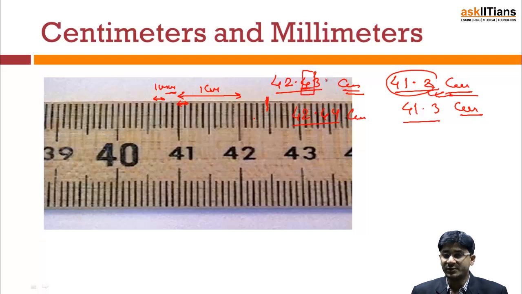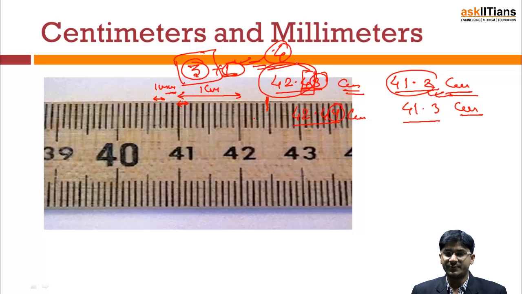We are not certain of this value 3. So someone is saying 3, someone is saying 4, someone may say 5, 6, 7, whatever. So we calculate the number of certain digits, which is 3, and then add one uncertain digit. All the time we have to add 1. So find the number of certain digits and add 1. So here the number of significant figures will be 4.